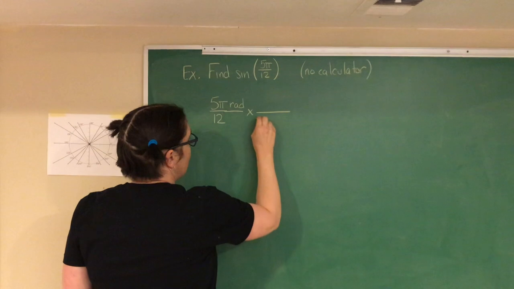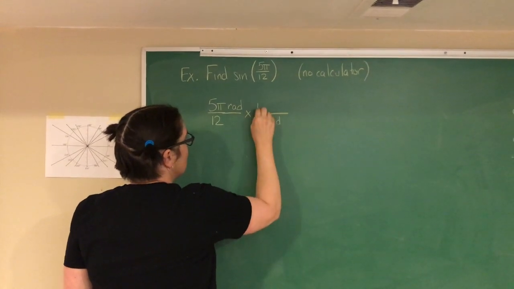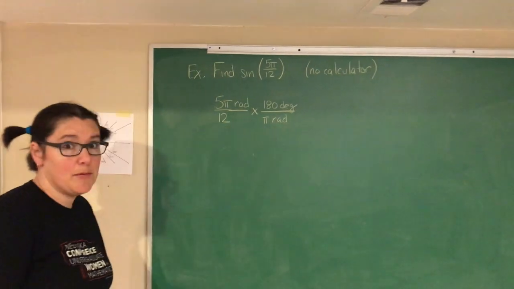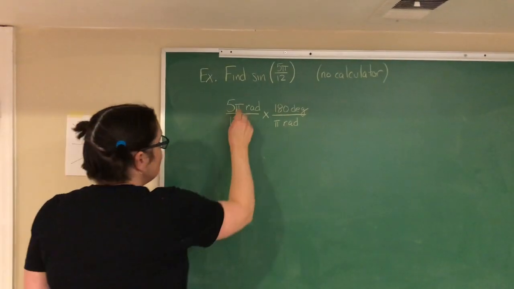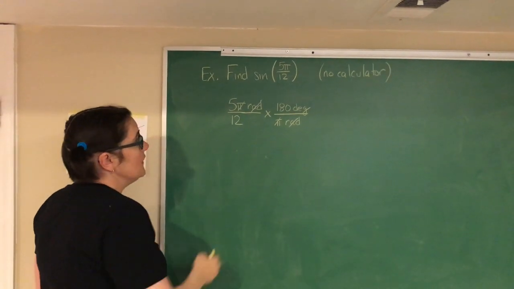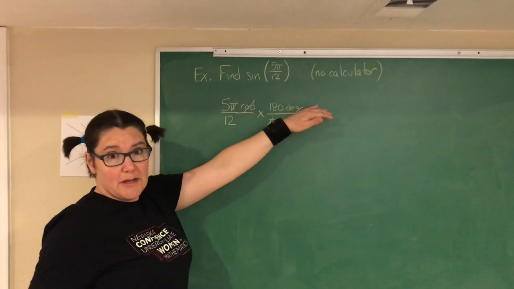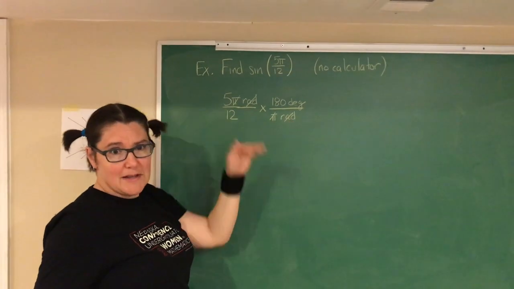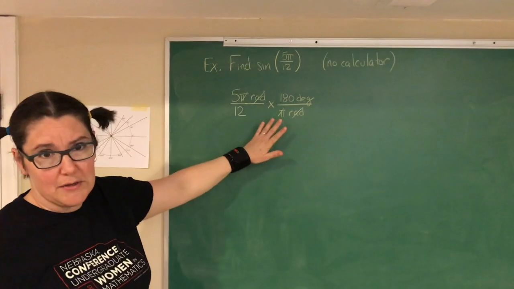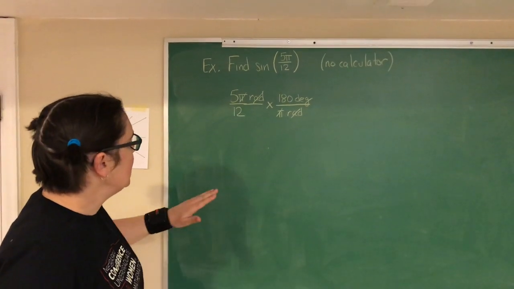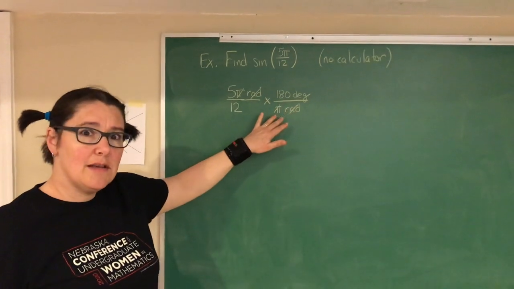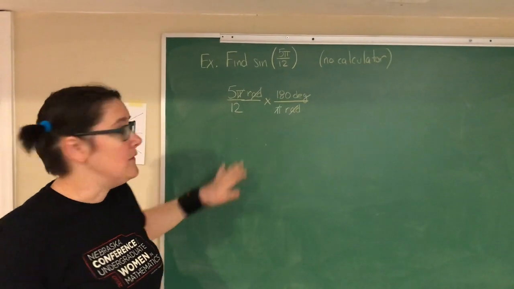So we have pi radians on the bottom and 180 degrees on the top. And I can cancel some things. The pi and the radians cancel. And I could just multiply straight across the top and straight across the bottom, but then I have large numbers to deal with, and I'm doing this by hand, so I'm going to try and do some canceling ahead of time. Right off the bat, I don't know how many times 12 goes into 180, but I know that 6 goes into both of these numbers.